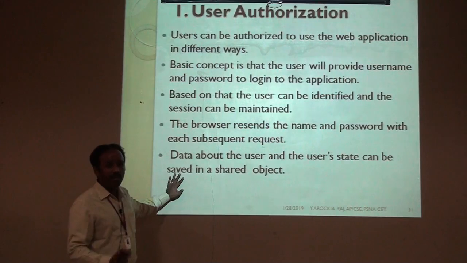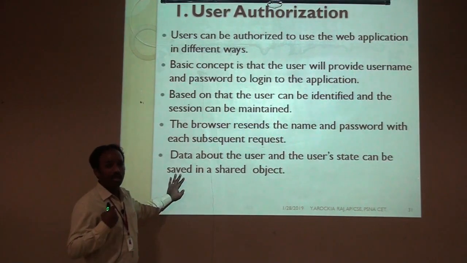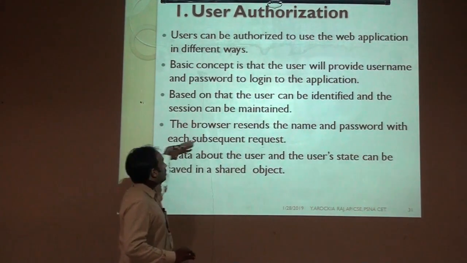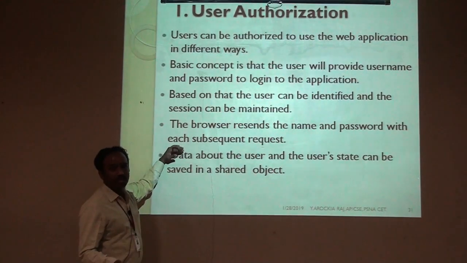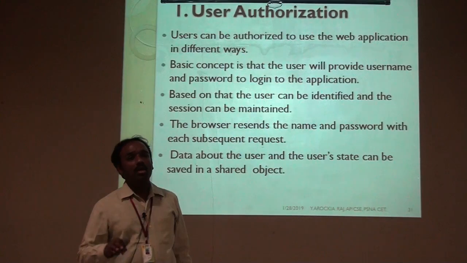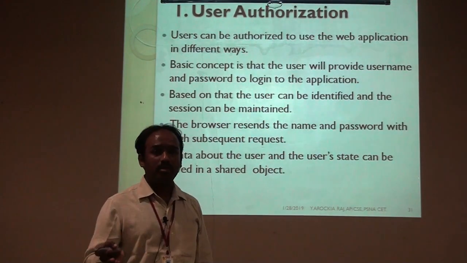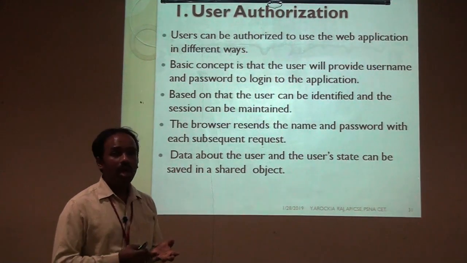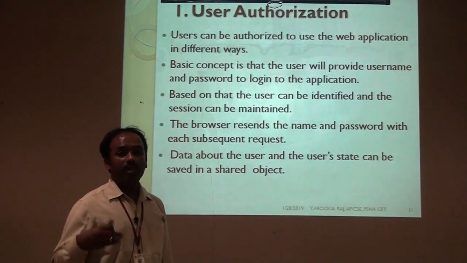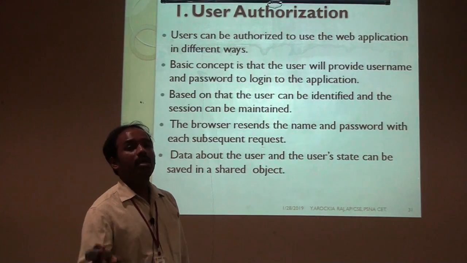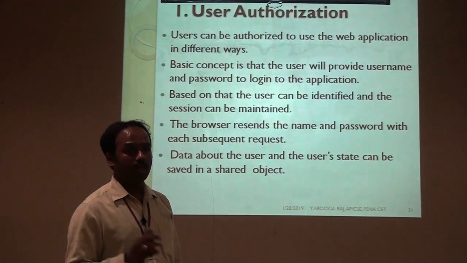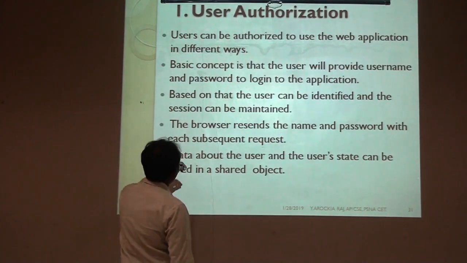Each and every time, as a server, I need to know the name and then password of the particular request and response. Whenever I am trying to send the request from the client side, I need to include the name and password. After creating the response, I need to again include the username and password of the particular request. So that is a very tedious process.